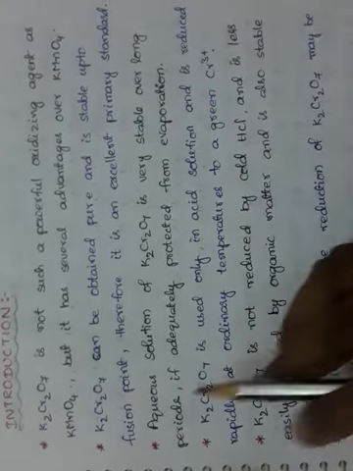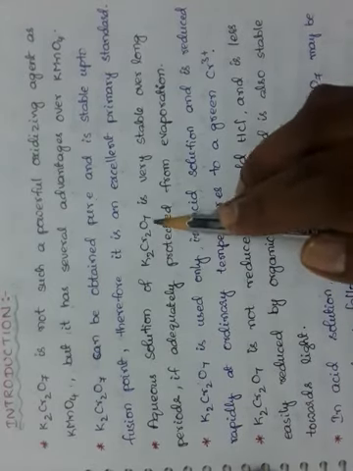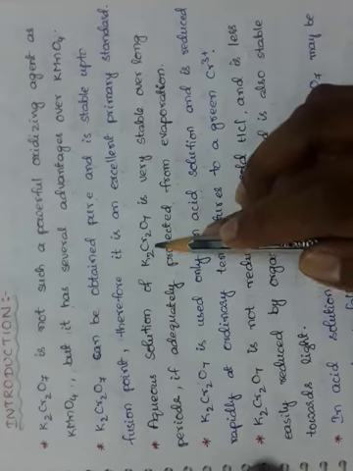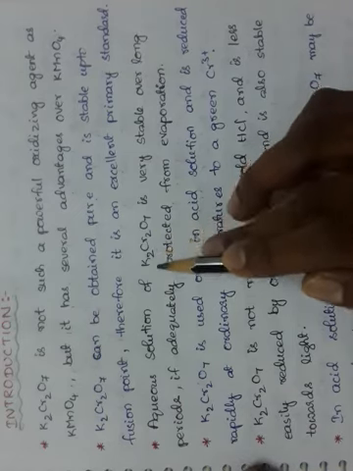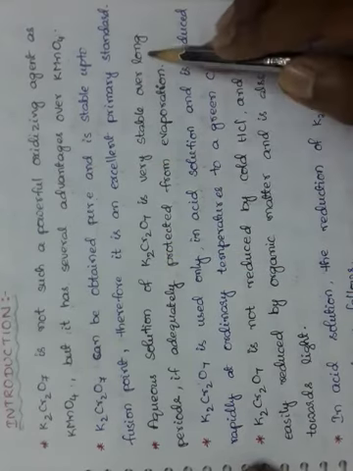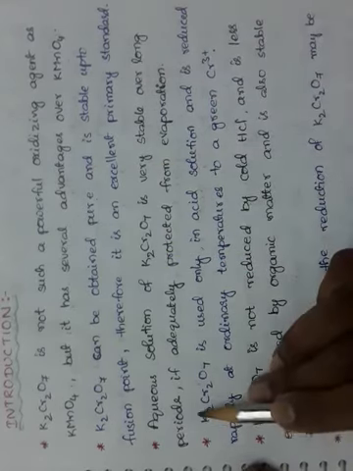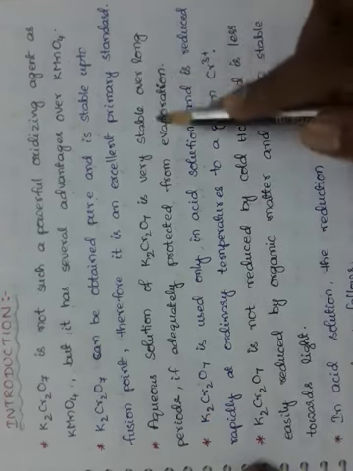Next one is the aqueous solution of this potassium dichromate. Aqueous solution means the solution which is prepared by using water as solvent. So, aqueous solution of potassium dichromate is very stable over long periods if it is protected from evaporation.